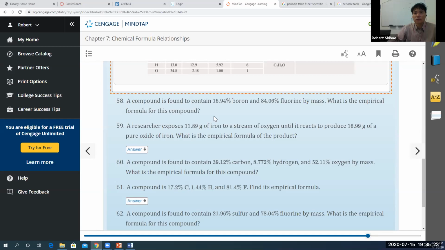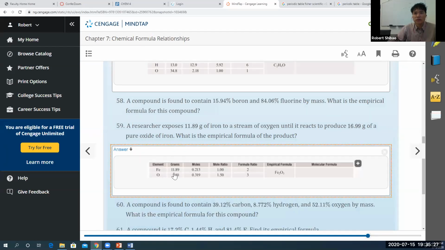The difference between these is the grams of oxygen. So in other words, 11.89 grams of iron plus 5.10 grams of oxygen is going to give us 16.99 grams total. And so once we get the grams of each element, then grams to moles, and then get the simplest mole ratio. But look at what happened here.